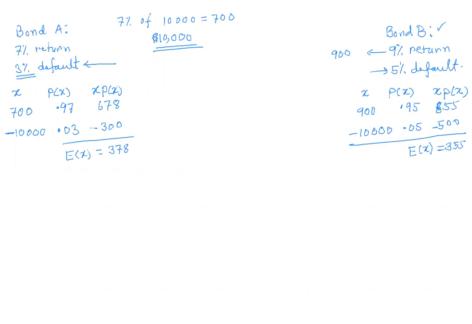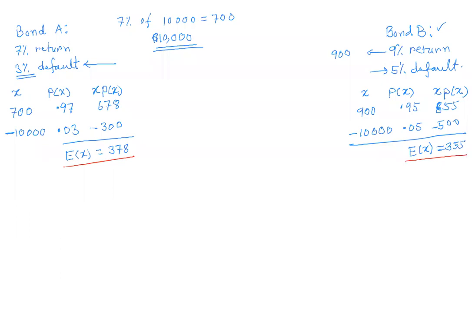So the expected investment return for the first bond, bond A, is $378. The expected investment return from the second bond is $355.